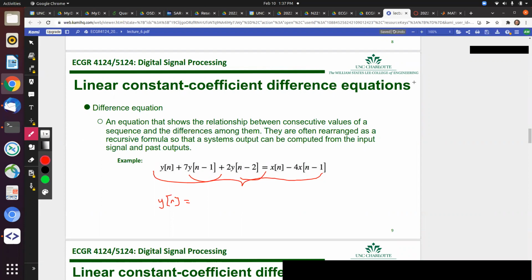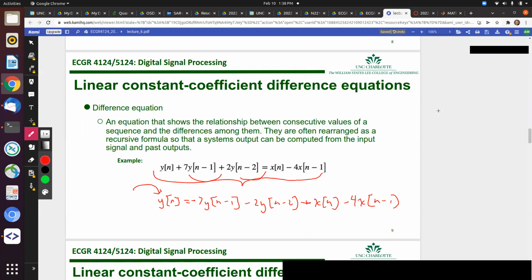So you can think of it this way: if I need to calculate the output at time n, it's a function of previous outputs and inputs at this time and inputs at previous times. And is this system causal? Yes, it is.